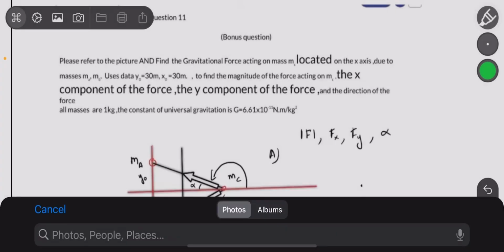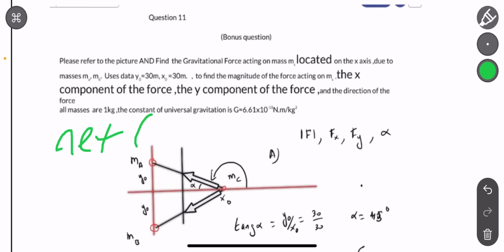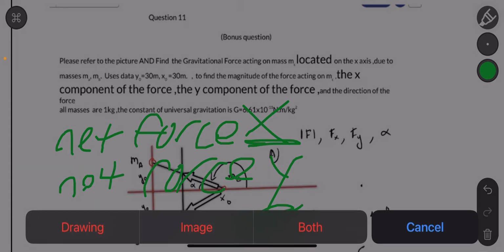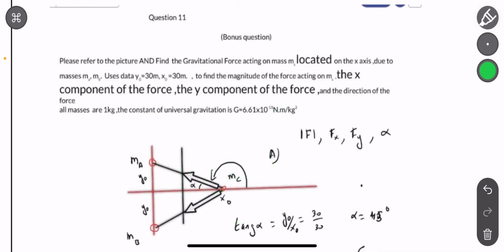So after we apply the net force, let's go back to the drawing and get the total net force, net force of X, total net force for Y. We're able to see that it's moving in this direction.